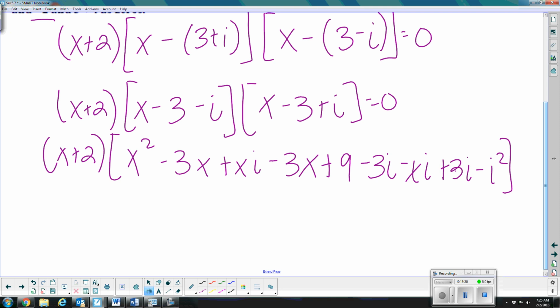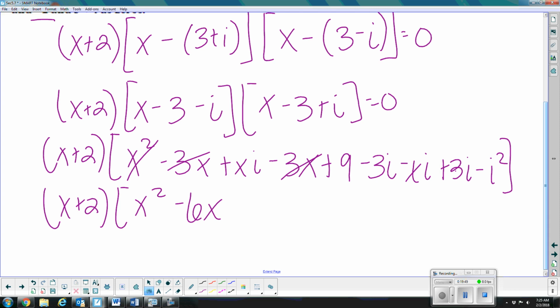Right, I'm going to add my like terms together. Got x squared, minus 3x minus 3x is minus 6x. And then plus xi minus xi, that cancels out.